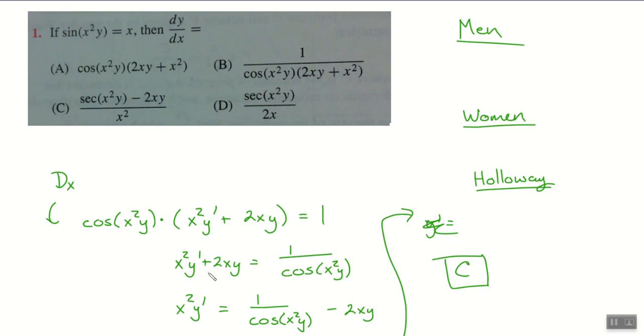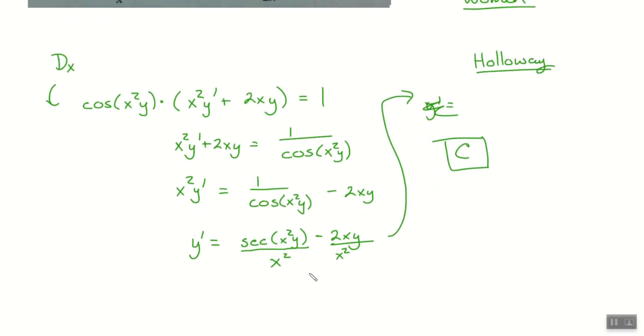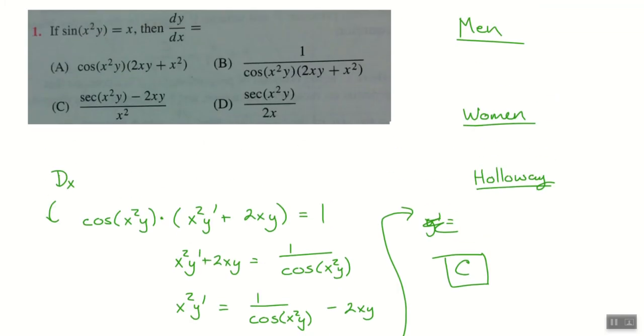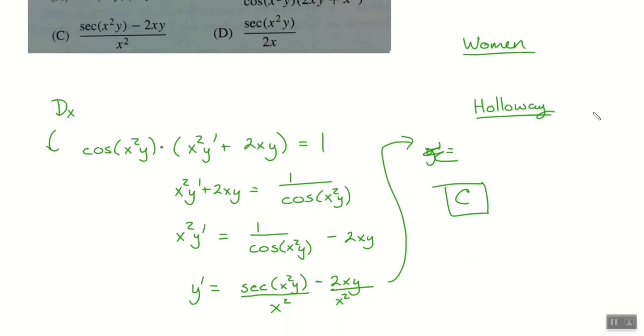I then subtract this from each side, and I started to think about common denominator stuff, but I stopped doing this because I looked up at the answers and saw that none of them was going to match if I did it that way. So I'll simply subtract this 2xy from each side, and at this point, divide by x squared. I realize that my answer is really close to one of these things, except I just needed that secant instead. So I made the change from cosine of x squared y to secant of x squared y.